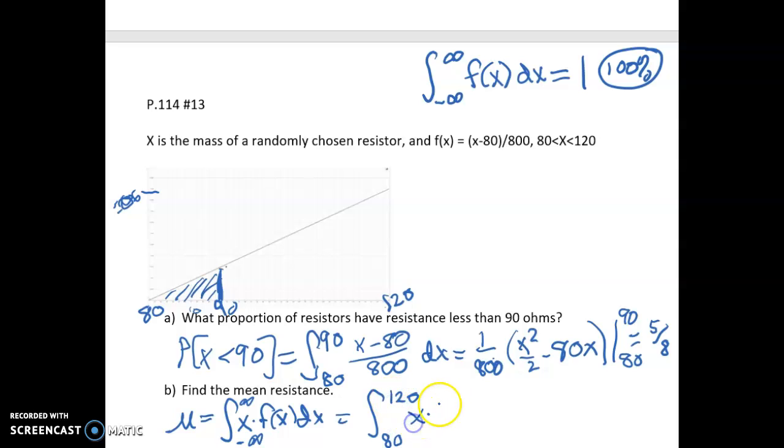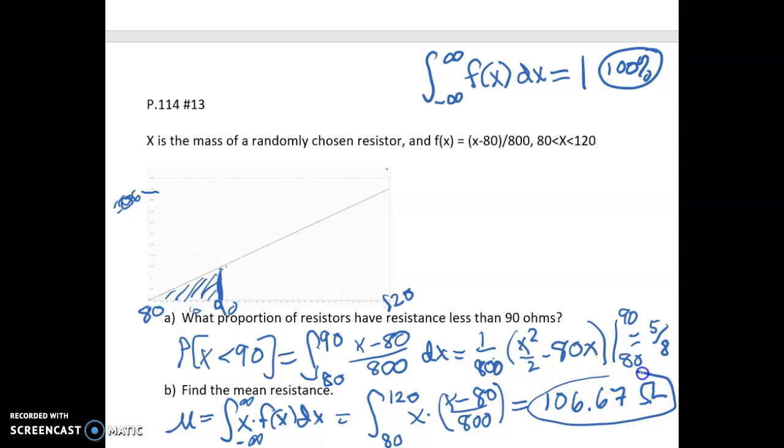And now I'm going to do x times x minus 80 over 800. Whatever that ends up equaling, I did that, and I got 106.67 ohms.